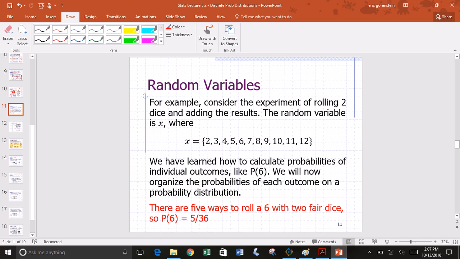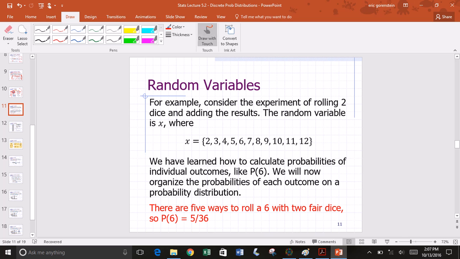Okay, so here's an example. In the last topic, when we were talking about just the basics of probability, I could have asked the question, if you roll 2 dice, what's the probability of rolling a 6?